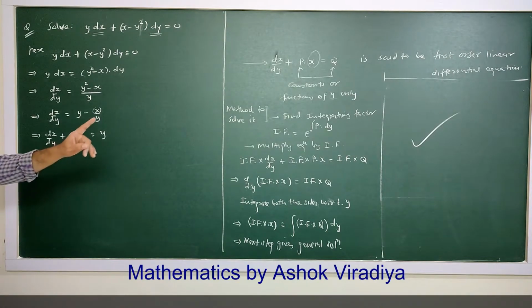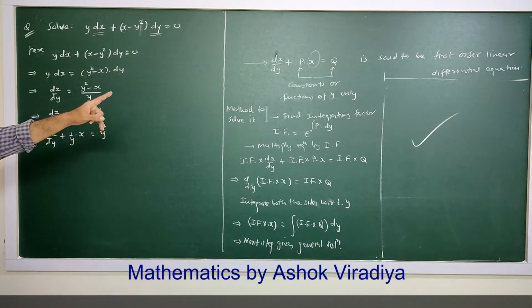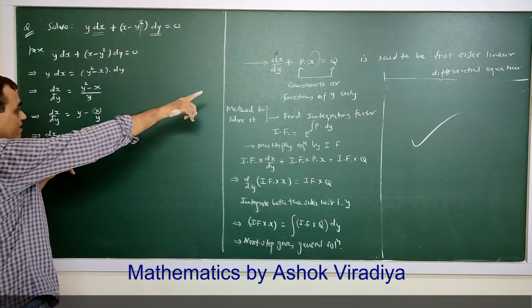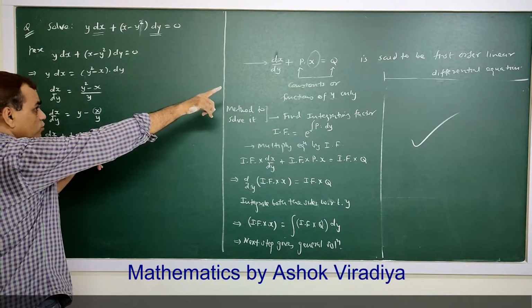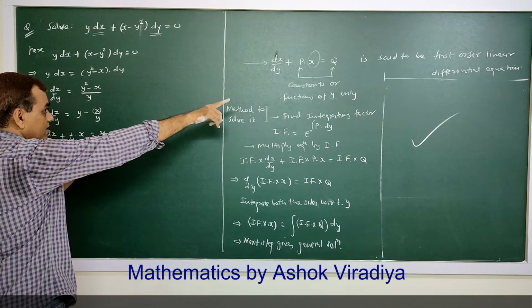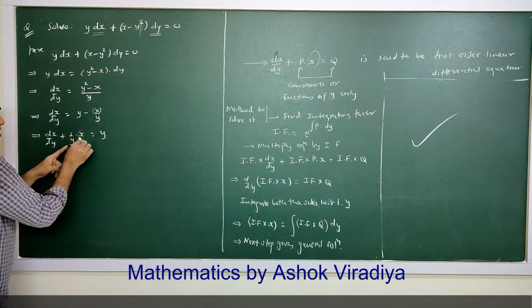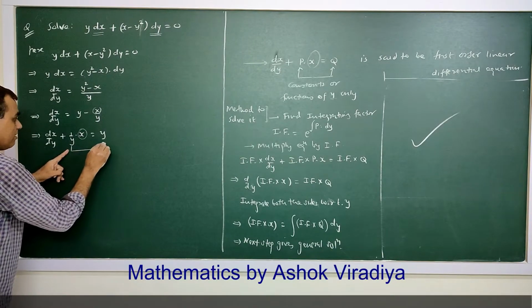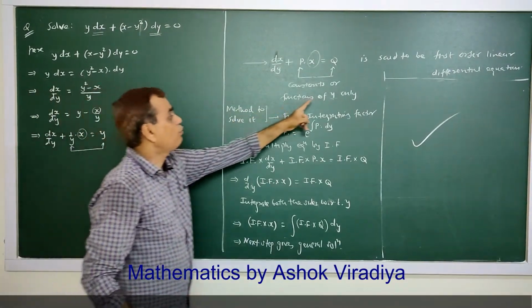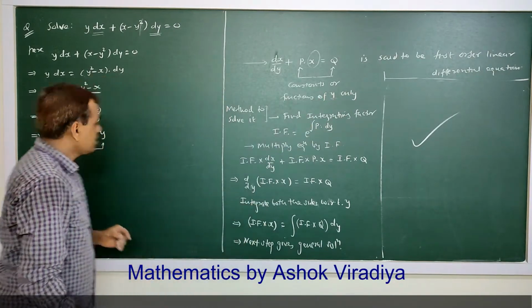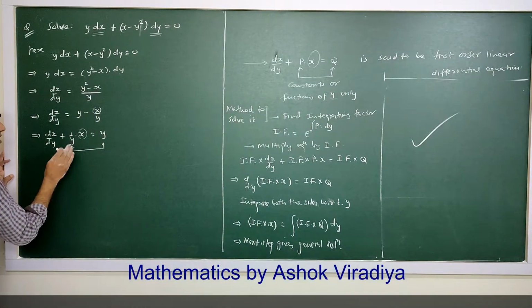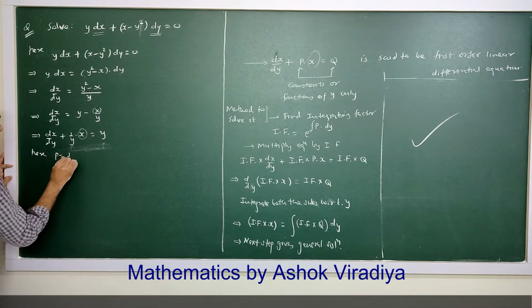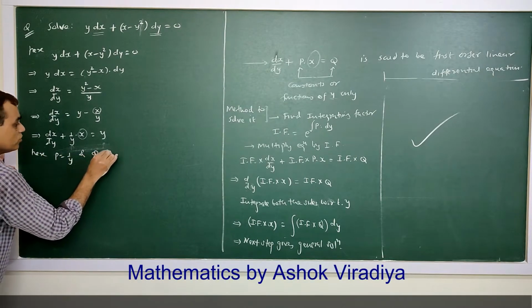And now you can see that it is of this form, dx by dy plus 1 by y into x equals y. So here only x is there. P and q are functions of y only. So here we require this p in the calculation. So here p is 1 by y, q is y.